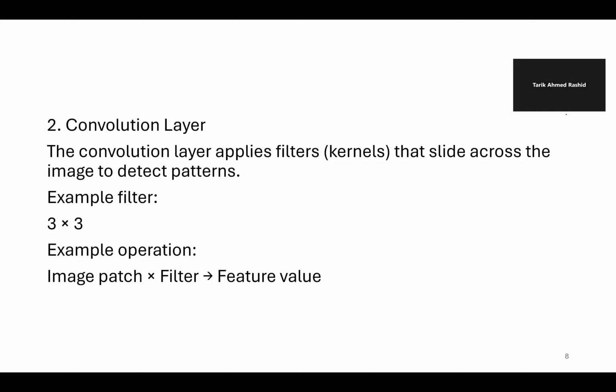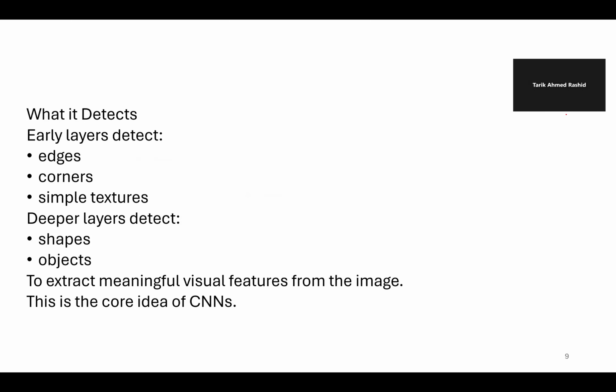Image patch multiplied by filter, then you will get a feature value. Early layers detect edges, corners, simple textures. Deep layers detect shapes, objects, and extract meaningful visual features from the image. This is the core idea of CNN. So CNN actually automatically does feature extraction.